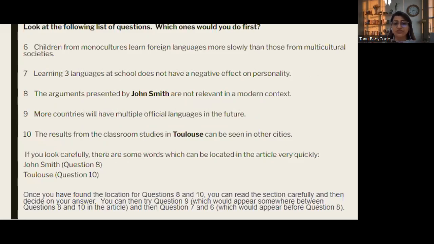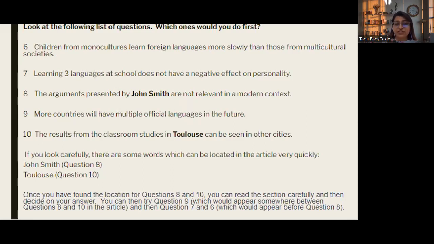Now, let's do this with an example. What you are supposed to do is, because you have 5 questions, start reading the questions first. Underline your keywords. These are words which you can locate very quickly in the passage, like a name or a place.